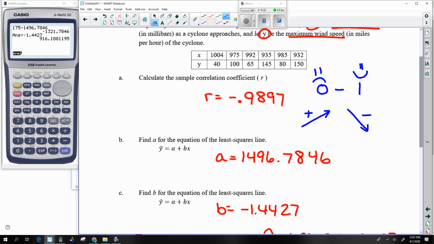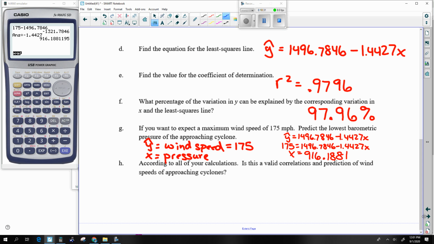So what I noticed is that this R is 0.98. That's incredibly close to the number 1. So what that means is this prediction, this line that we created, is incredibly accurate. It's uncanny how accurate it is. So according to your calculations, is this a good prediction?